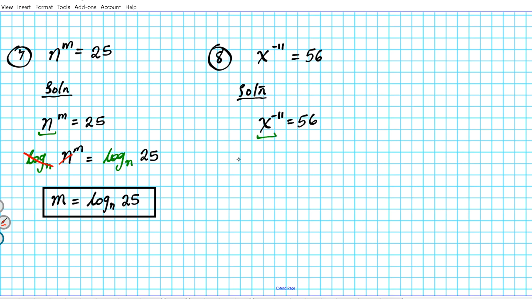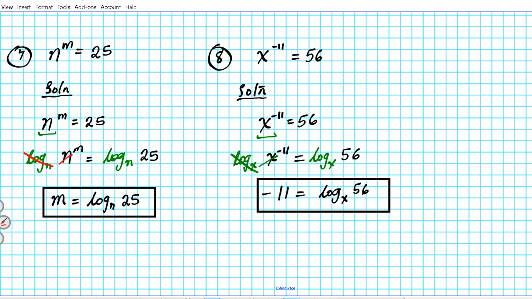So we're going to take log base x of both sides of the equation, x to the negative 11 on the left side, and log base x of 56 on the right. On the left side, we have the cancellation action happening. Log base x and x take each other out. And then you're left with negative 11 is equal to log base x of 56. That's the answer to question number 8.